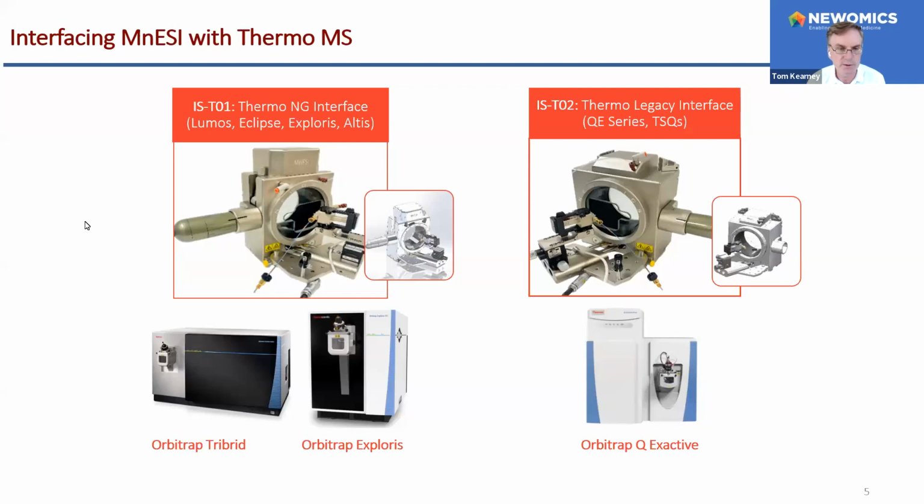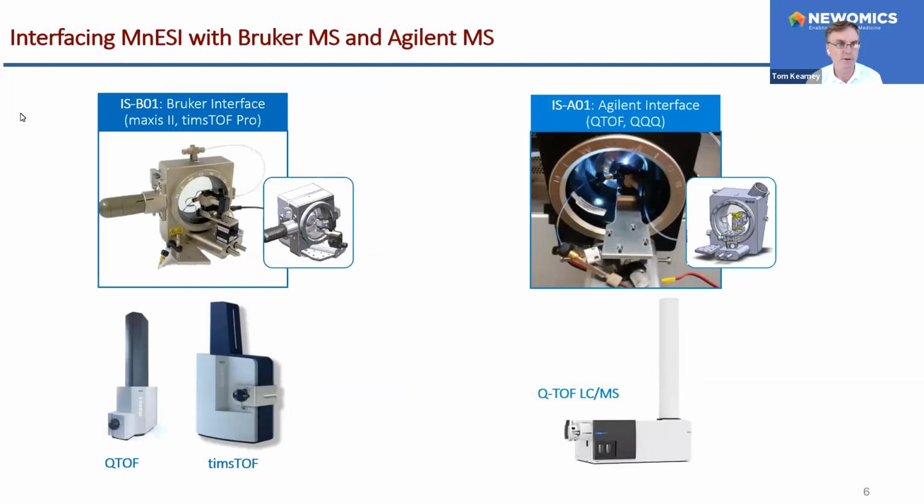With these two interfaces, we cover the entire Thermo product line, so any Thermo mass spec can be used with our technology. We developed this with Thermo. We have a co-marketing agreement with them. They helped us in the development of the product. And when you put the hardware onto your mass spec, the software will automatically recognize the source. So there's full compatibility with all of our vendors.